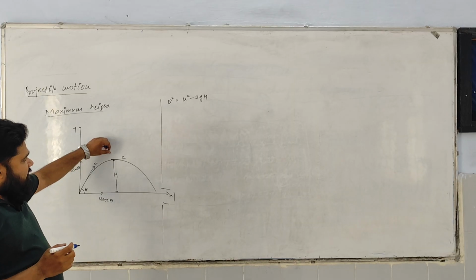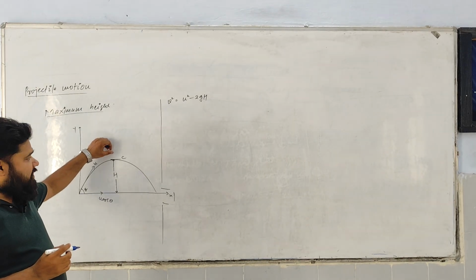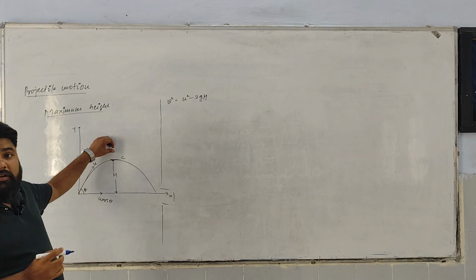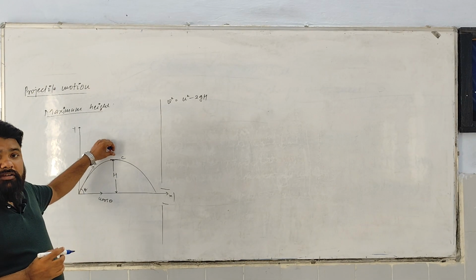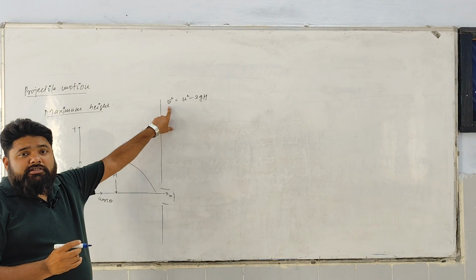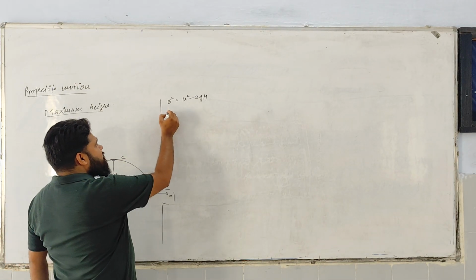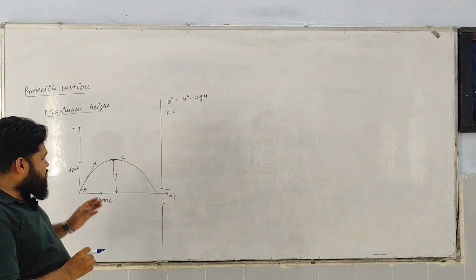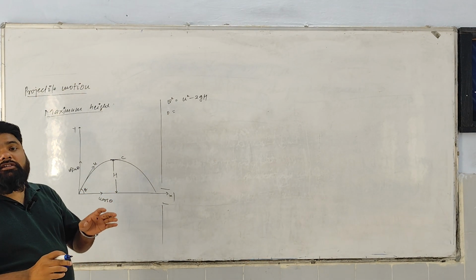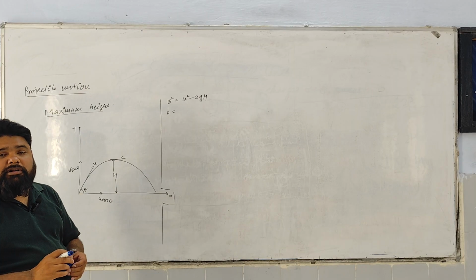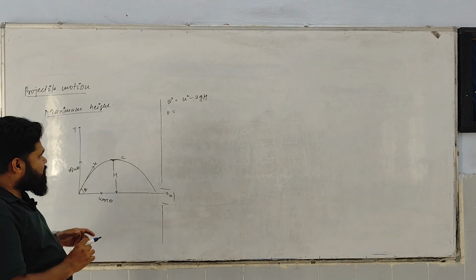So when the body attains the maximum distance in the vertical direction, at that point the final velocity becomes zero. That means v becomes zero, so 0 is equal to u square minus 2gh. And what is u? u is the component of the velocity responsible for the motion in the vertically upward direction, that is u sin theta.